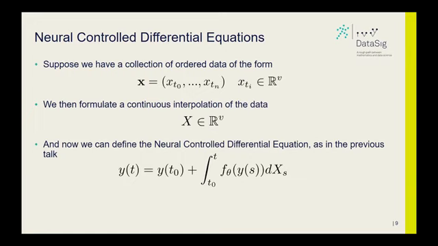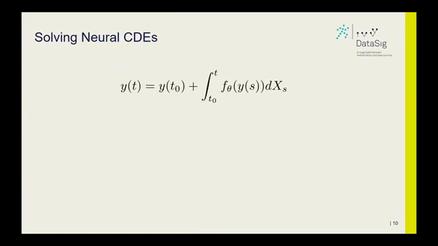And so we have this response variable Y that's driven continuously by our continuous time path X. And this is how, in contrast to an ODE, which is defined uniquely by its initial condition, we get that the temporal data changes to update our solution trajectory.